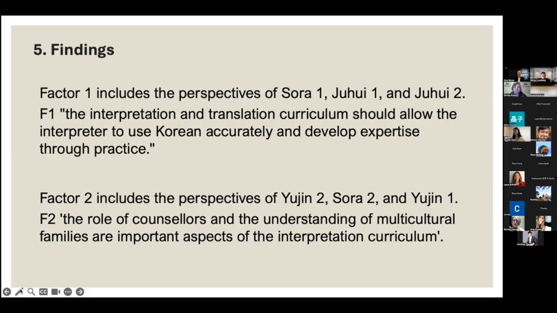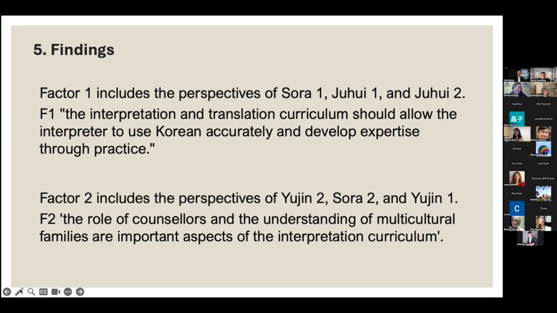As a result of the analysis, the 6 sorts were clarified into 2 factors. Factor 1 included the perspectives of Sora 1, Tree 1, and Tree 2. Factor 1 means the interpretation and translation curriculum should allow the interpreter to use Korean accurately and develop expertise through practice.